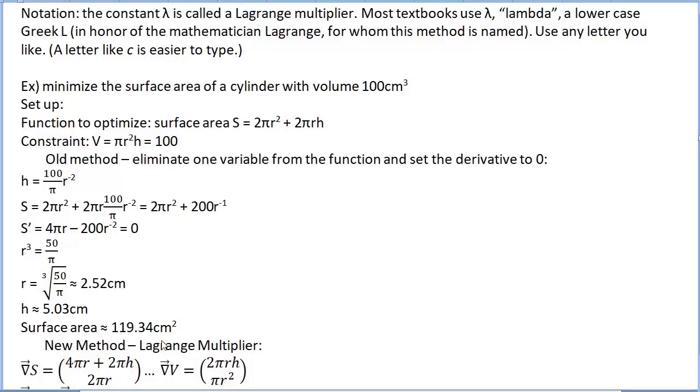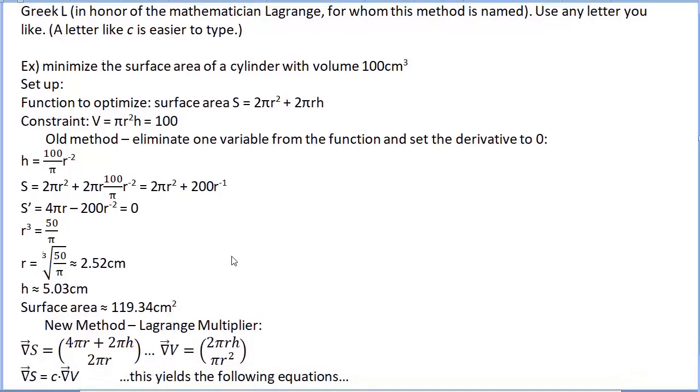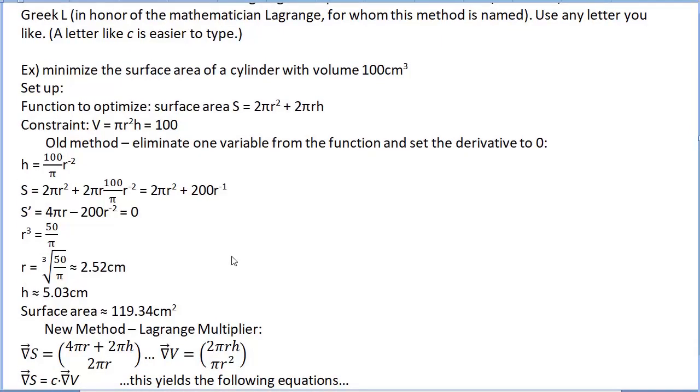Next, for the V function, the derivative with respect to r is 2 pi r h. The derivative of V with respect to h is pi r squared. Okay, now that we've calculated the two gradients, they must be parallel, so the gradient of S equals a constant times the gradient of V. Notice that because there are two components, this is going to give us two equations.